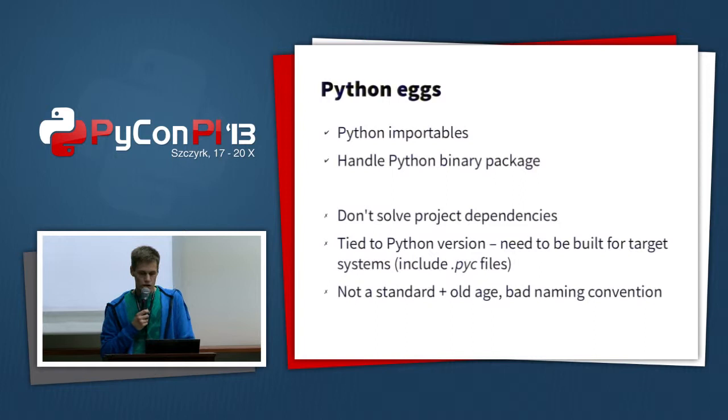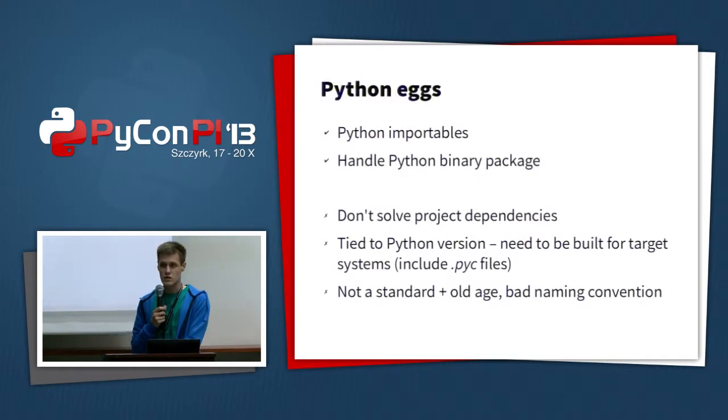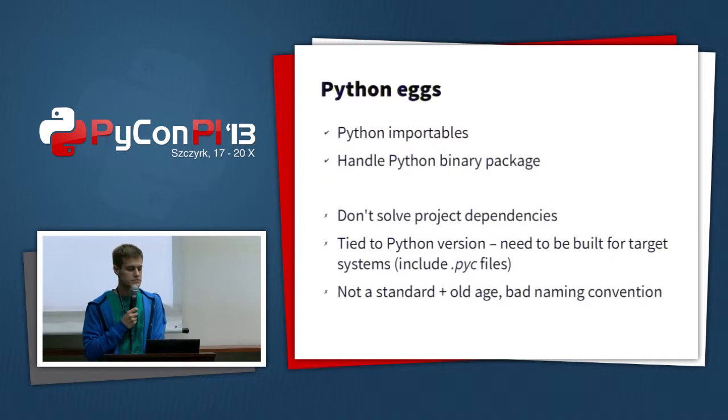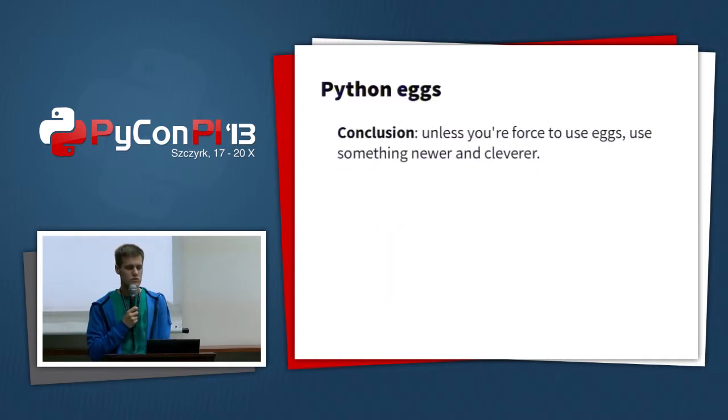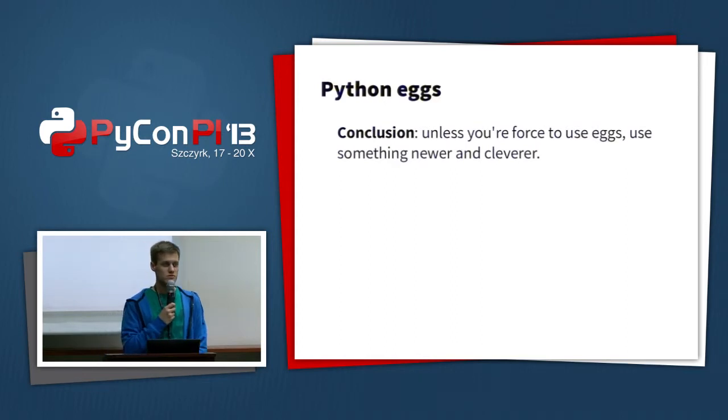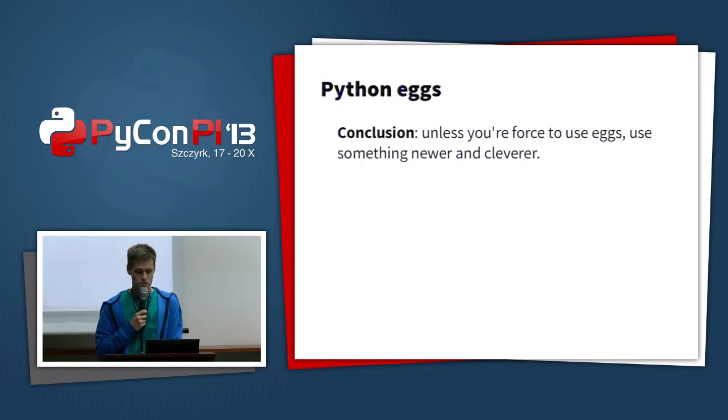And they are tied to the Python interpreter you hatch them with, because they include .pyc files, compiled bytecode files. So as a conclusion, I would say that there are better ways of distributing your project dependencies. If you are forced to, you can use, of course, eggs, but there is something better, believe me.